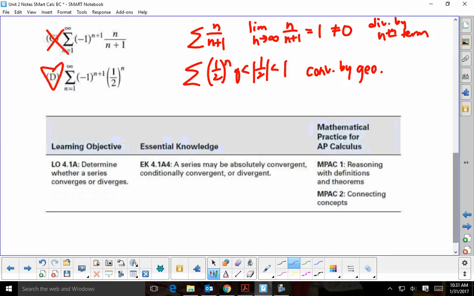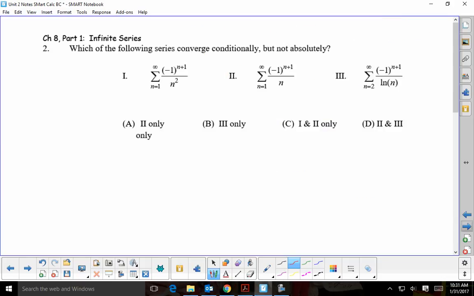Here you can see it's new essential knowledge. Absolutely converge, conditionally converge, or be divergent. That is new, like I said. Okay, last one. I don't know why it has only number 1, or only number 2.